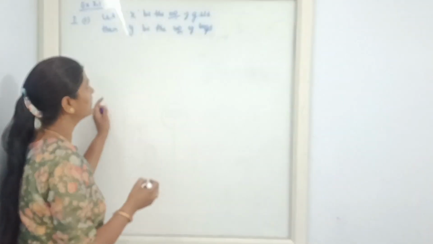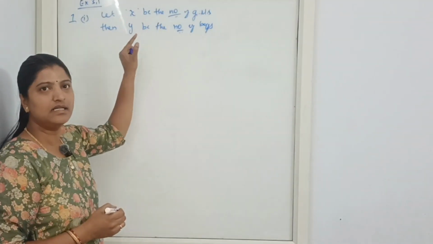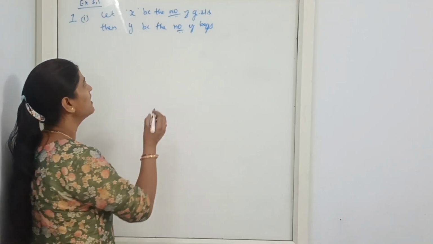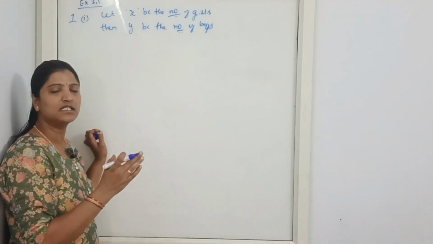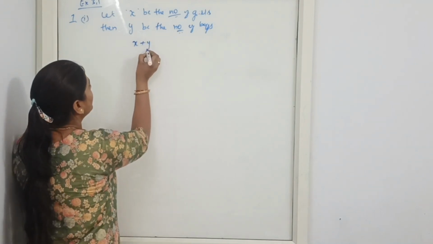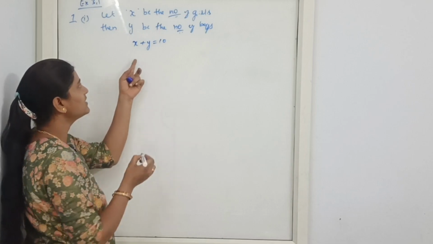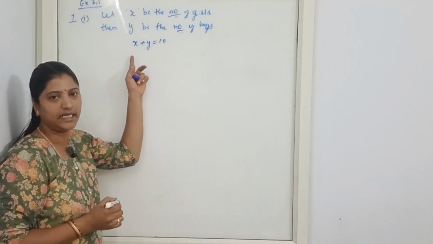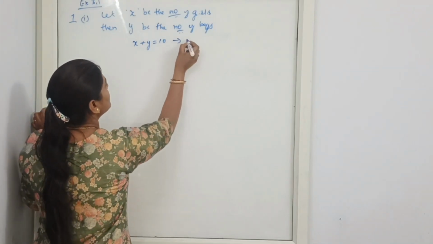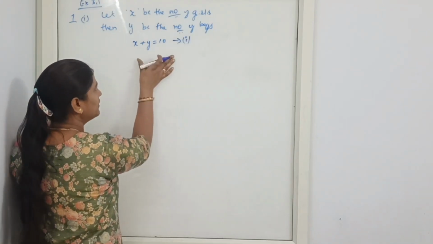So x is the number of girls and y is the number of boys who participated in the maths quiz. Total boys and girls together is 10. So x plus y is equal to 10. How is it? Because total students are 10, including boys and girls. Call it statement or equation 1.